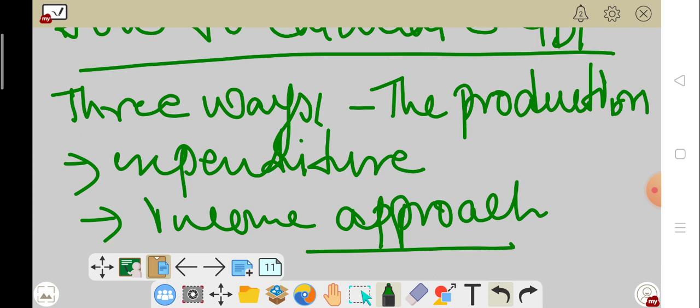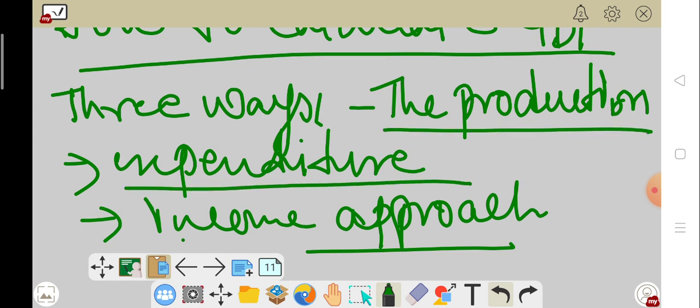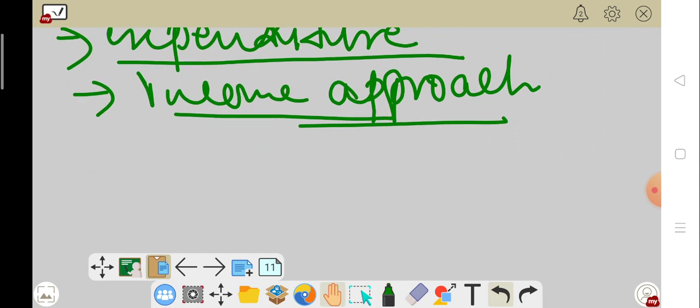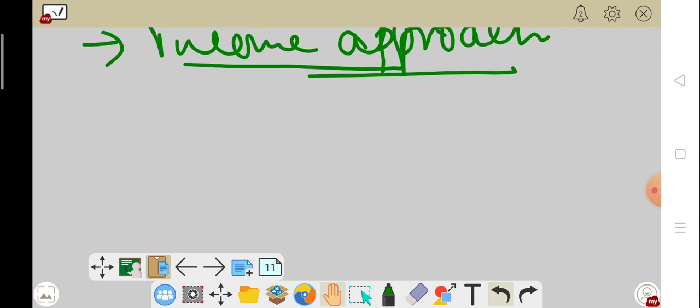In these three ways we calculate the GDP of the country and know the growth of our country.